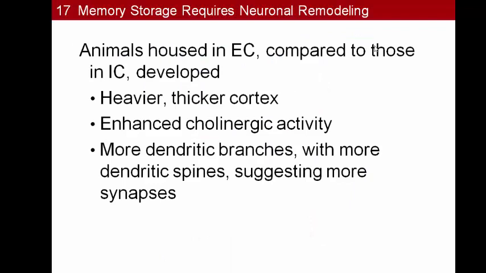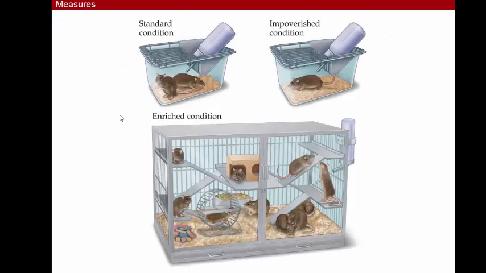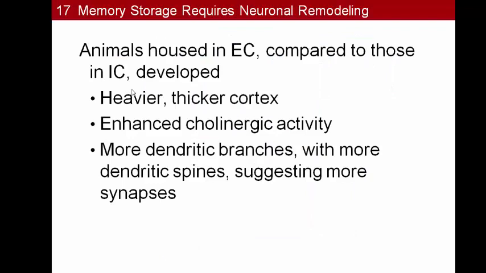Okay, so here's what they found, and this is comparing the enriched condition with the impoverished condition. So you can see that this poor mouse is not having the same experience as his friends down here. Okay, what they found is that animals who were in the enriched condition, so they had things to do, they had playmates, etc., they had heavier, thicker cortex, so there's more brain matter there.